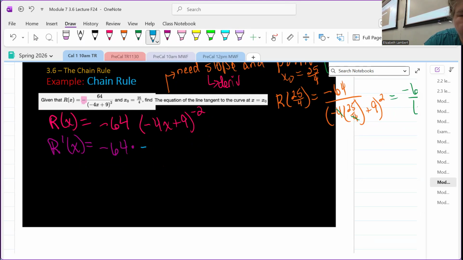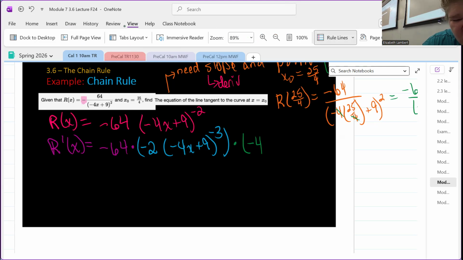So it'll be negative 2, my thing, negative 4x plus 9, raised to the negative 2 minus 1, which is the negative 3 power. And then times the derivative of the inside. The derivative of negative 4x plus 9 would be negative 4, 1x to the 0 is just times 1, so negative 4, plus the derivative of 9 is 0. So you could just write negative 4 there if you're comfortable with your derivatives.